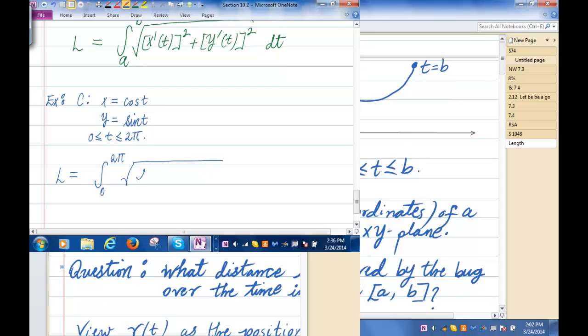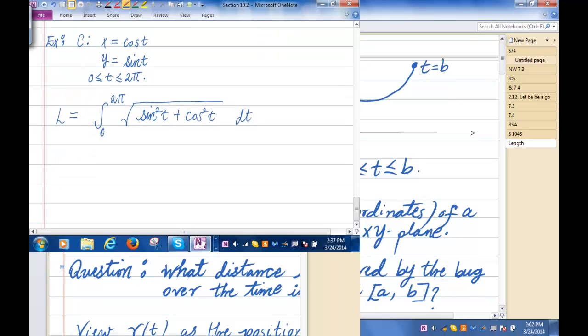So I get sine squared of t. And then I have to take the derivative of y, which is cosine, and square that. I get cosine squared of t. And what is sine squared plus cosine squared? Very good. So I get 1 dt.